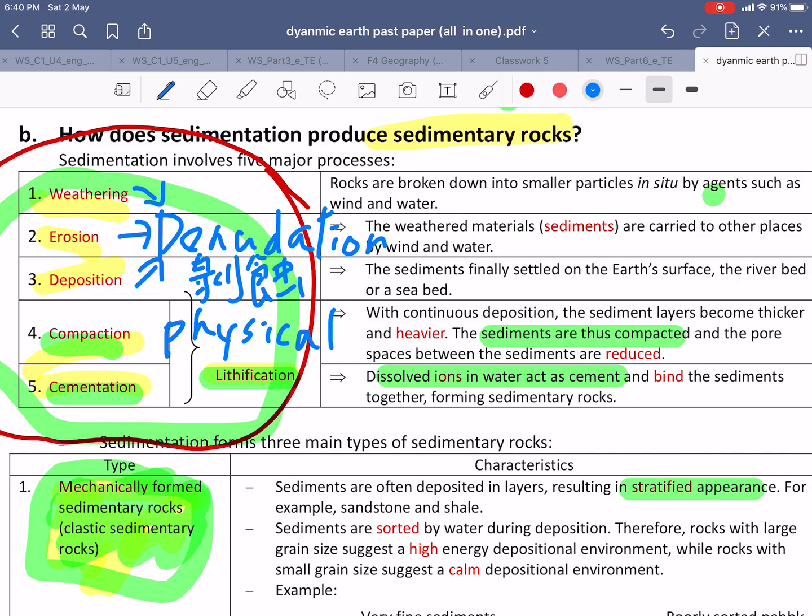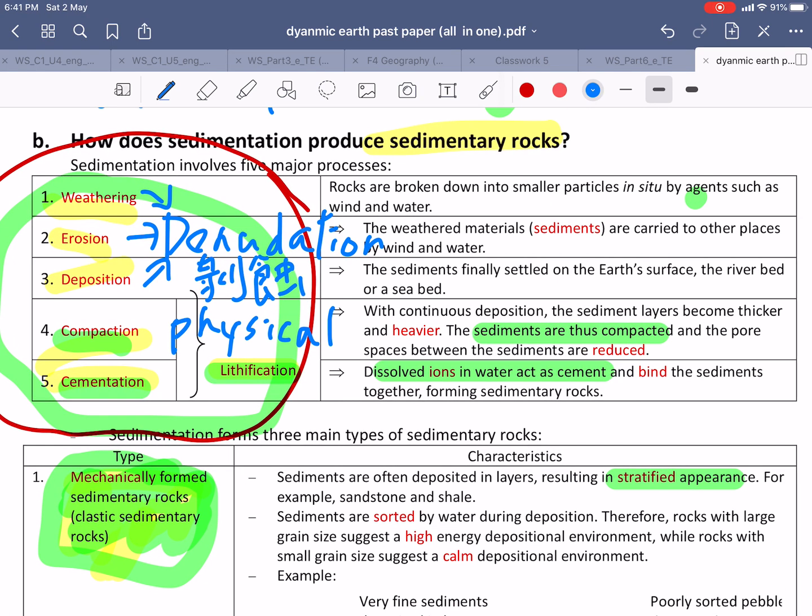So this is a kind of physical compaction, and the sediment is also compacted. The pore space between the sediment will reduce, just like when Mr. Leung compacts the bread and it becomes flattened, because the air squeezes out from the pore space. Okay, pore space, not pore size.